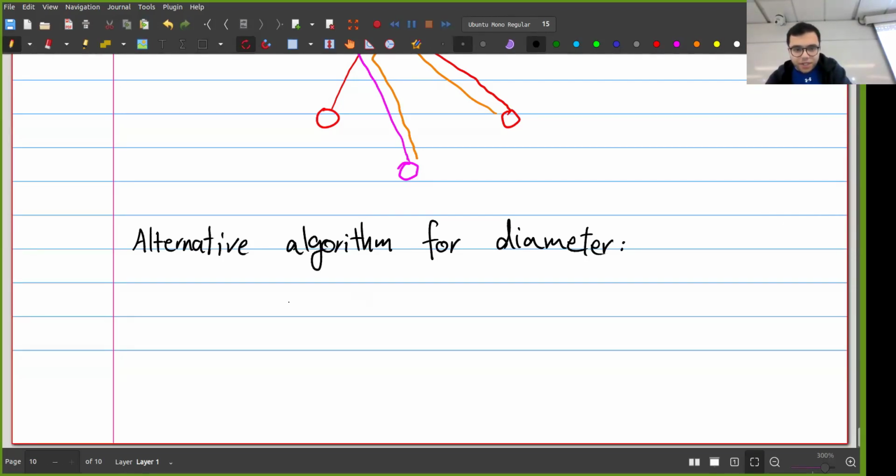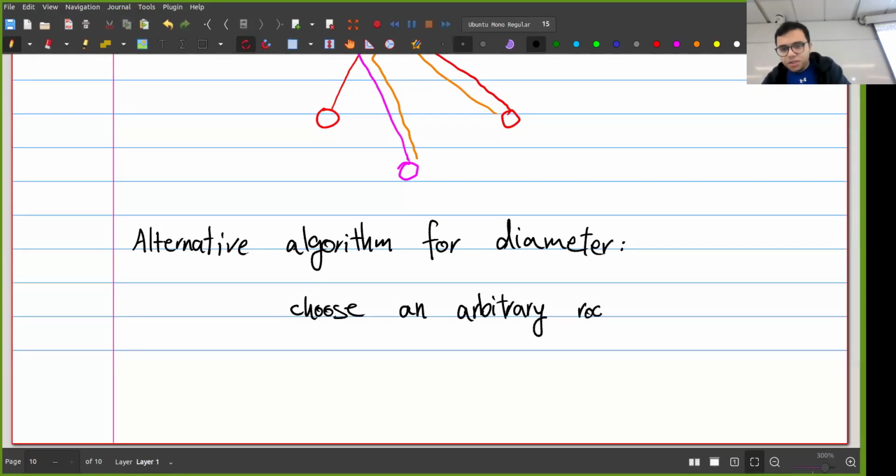I'm going to say first, choose an arbitrary vertex as root. So choose some arbitrary root. Let's call it R. I always choose 1. You can choose whatever you want. And then just do a DFS from R, or do a BFS from R, whichever you like, to find the distances.